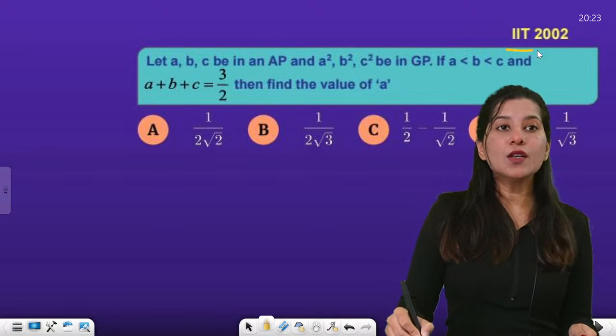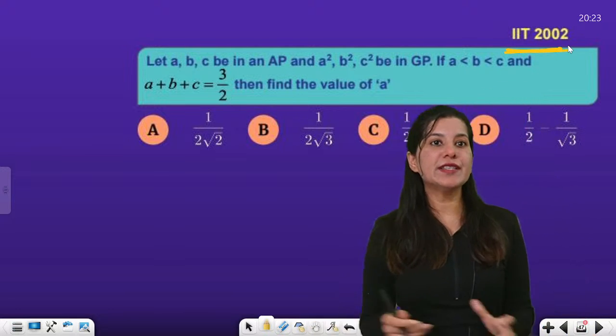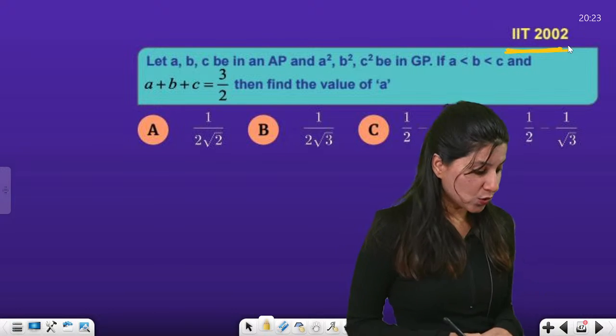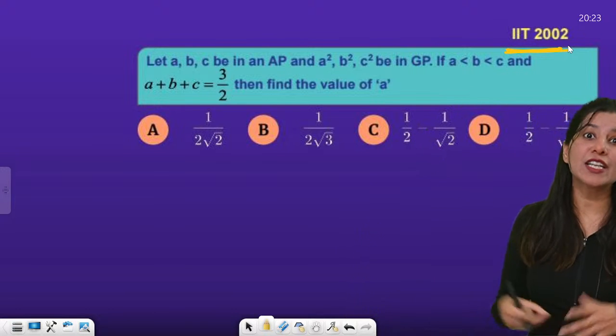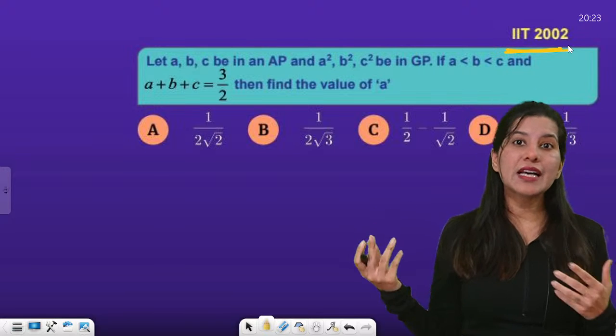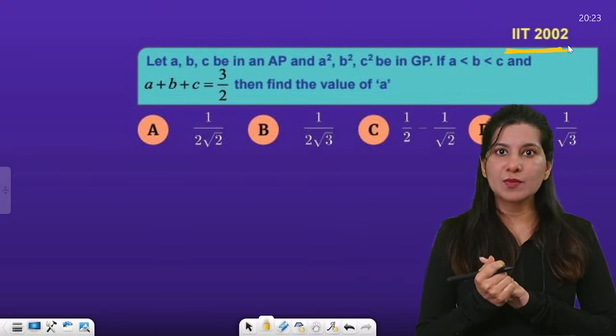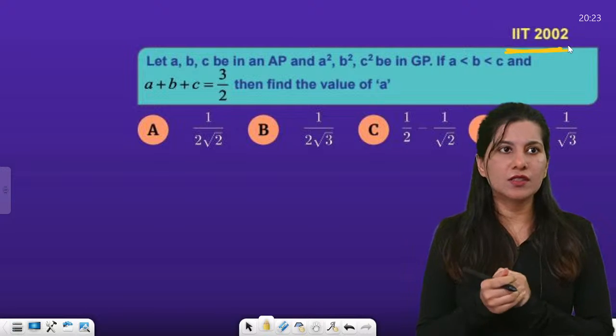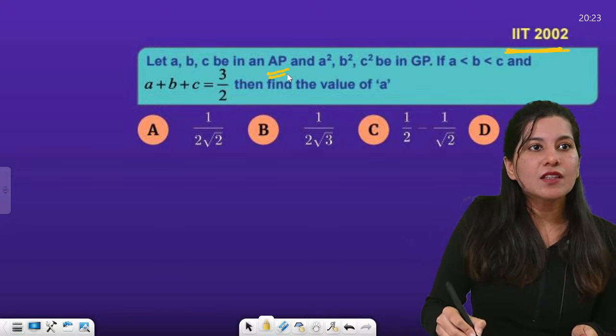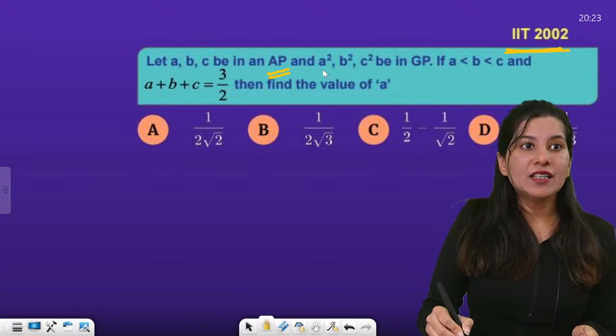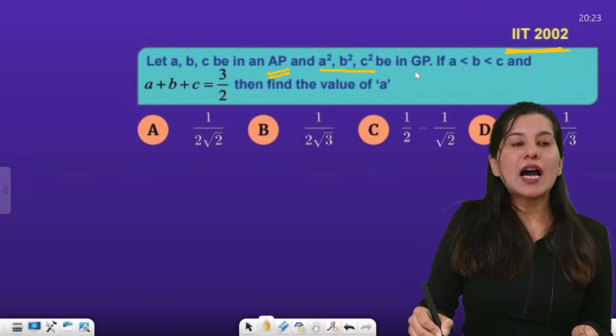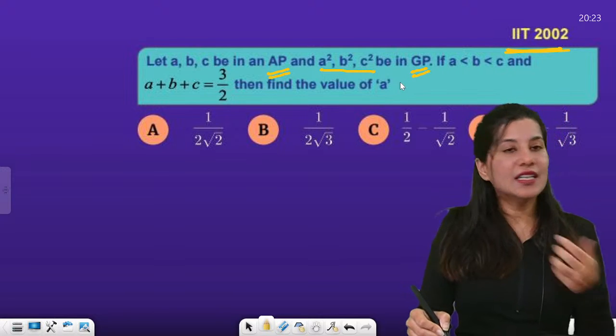Okay, now this is a question from an old paper, IIT 2002. This was asked in Advanced at that time, but the question is not that difficult. A, B, C are given in an arithmetic progression and A square, B square, C square are given in a GP.